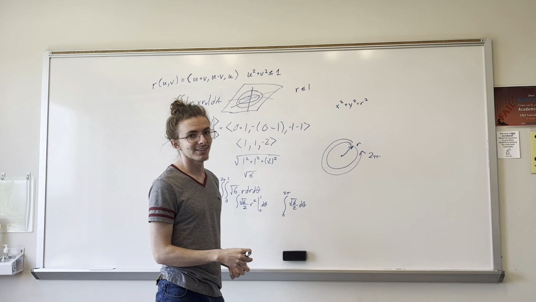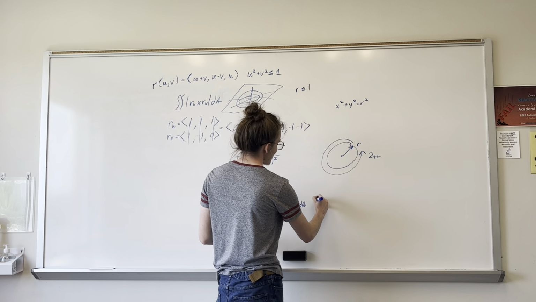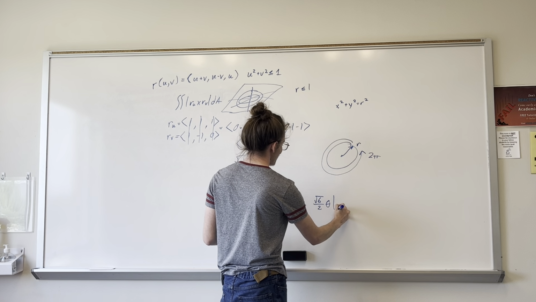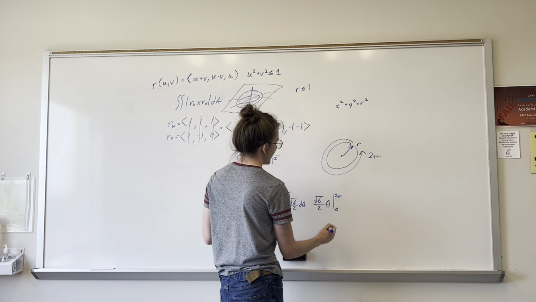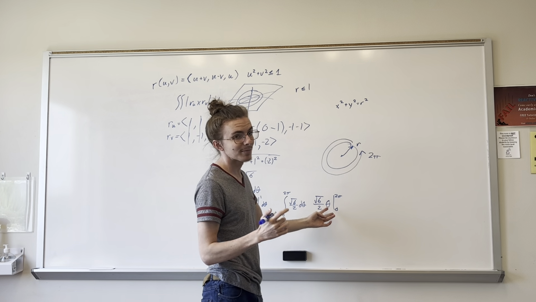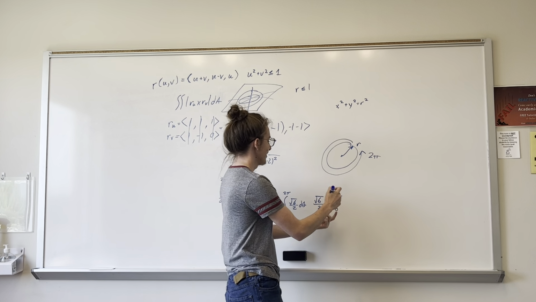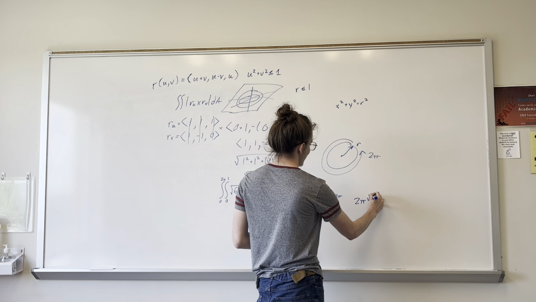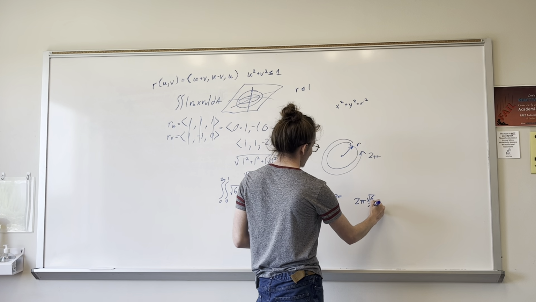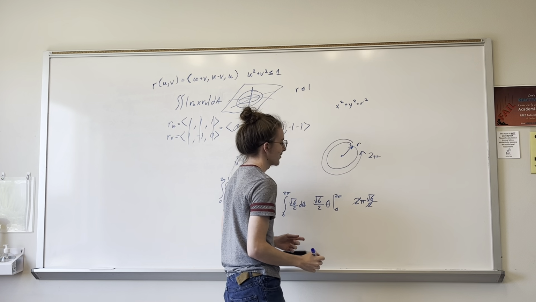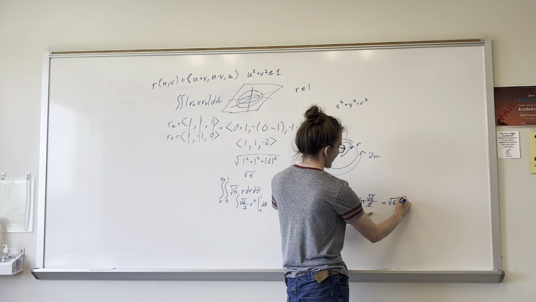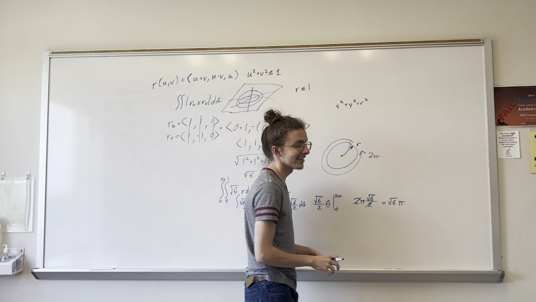Now there's no theta, so we can just throw in a theta, square root of 6 over 2 theta from 0 to 2 pi. Again, 0 as theta would make it 0, and once we go to 2 pi, square root of 6 over 2 times 2 pi, the 2's cancel, and that leaves us with an area of square root of 6 times pi.